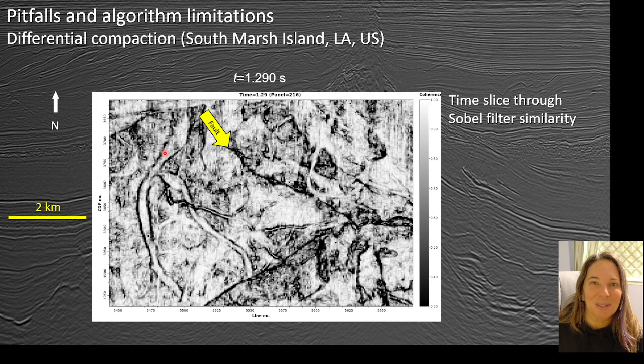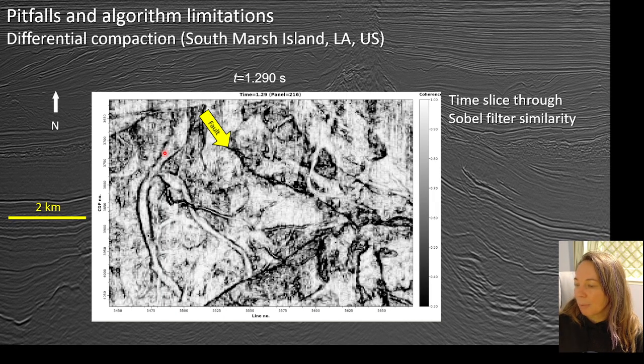Okay, so there are of course some pitfalls that can happen, and there are limitations to all algorithms and seismic data too. And so here we're jumping back to the South Marsh Island, offshore Louisiana, Gulf of Mexico, and we're looking at some channels that are pretty easy to see on the Sobel filter similarity time slice, so a type of coherence.